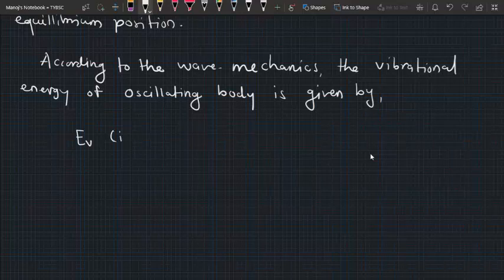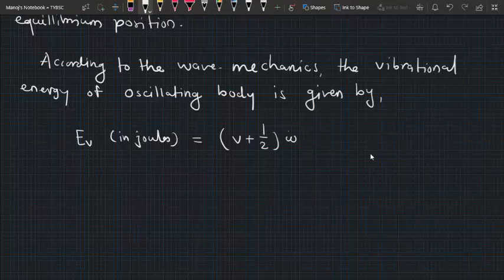Okay, this is in joules. Ev is equal to (v plus 1/2) h c omega bar.